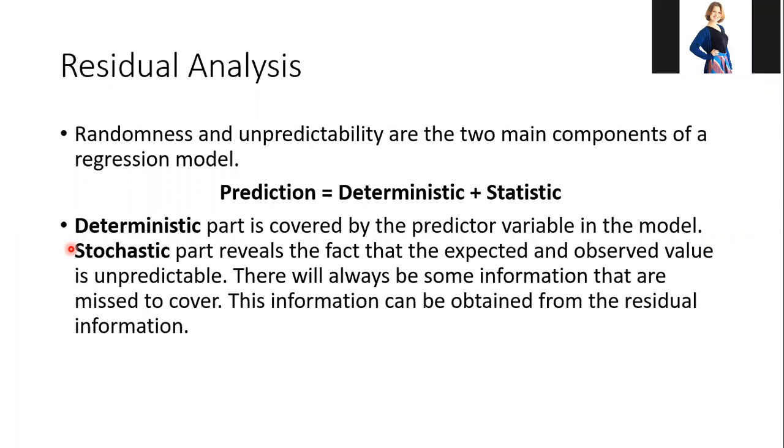As you remember, our prediction consists of two parts: a deterministic part and a stochastic part. The deterministic part is covered by the predictor variable in the model. It's our line, b0 plus b1 multiplied by x. The stochastic part reveals the fact that the expected and observable value is unpredictable. There will always be some information that is missed, and this information can be obtained from the residual information.